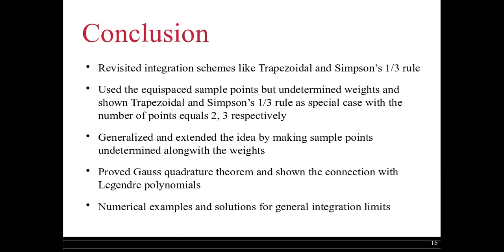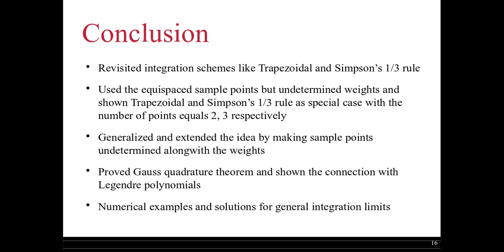So in conclusion, we have revisited the integration schemes like the trapezoidal and Simpson 1/3 rule, used equispaced sample points but undetermined weights, and shown the trapezoidal and Simpson 1/3 rules as special cases with the number of points 2 and 3 respectively, because they are basically Newton-Cotes.